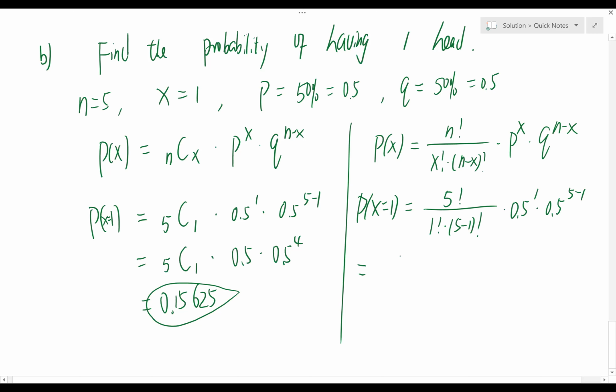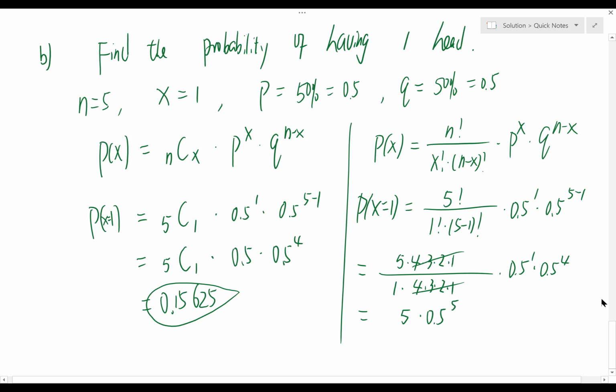So 5 factorial is 5 times 4 times 3 times 2 times 1. Okay. 1 factorial is 1. 5 minus 1 factorial, that's 4 factorial. It's 4 times 3 times 2 times 1. And this is 0.5 to the first power, and it's 0.5 to the fourth power. If we simplify, everything after 4 is canceled. So it's 5 over 1, 5 times 0.5 to the first, to the fourth is to the fifth power.